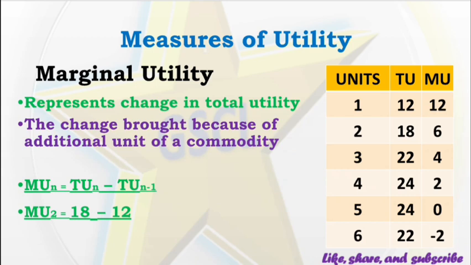MU at the second unit's consumption is given by total utility at the second unit, that is 18, minus total utility at the first unit, that is 12. The subtraction gives us 6 as the answer. The marginal utility at the second unit's consumption is 6.